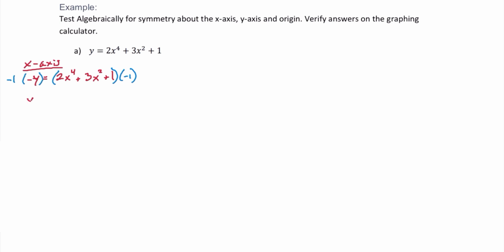And this gives us y equals -2x to the fourth minus 3x squared minus 1. Notice that this equation is not identical to the original, so we do not have symmetry about the x-axis.